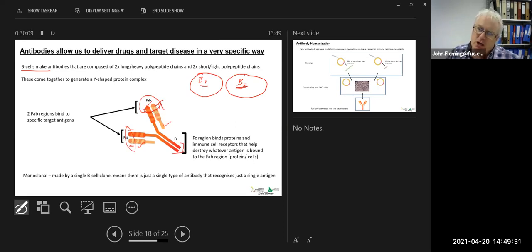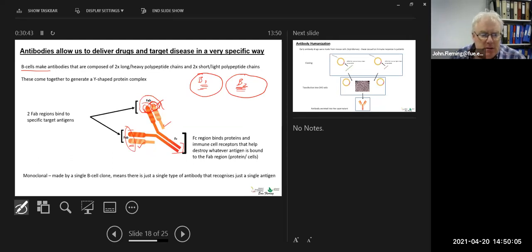So for B cell clone 1, for example, there will be just a few nucleotides at the end of the gene that codes for the heavy chain and a few nucleotides at the end of the gene that codes for the light chain that are going to be different depending on whether it's this B cell 1 or B cell 2. So it's those few nucleic acid differences that account for the ability of antibodies produced by different B cells to recognize different antigen targets.